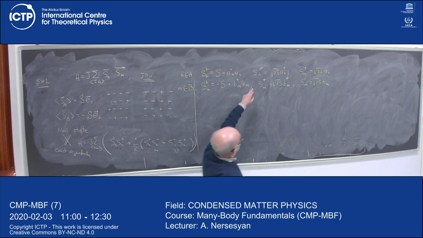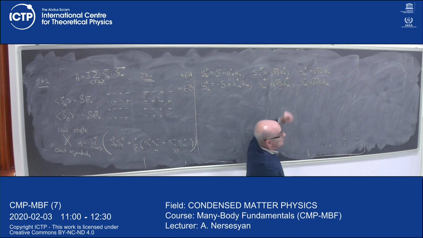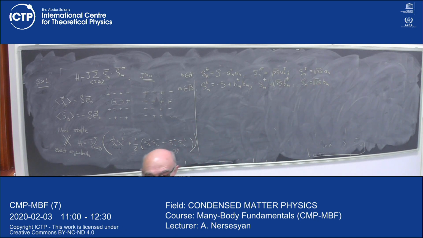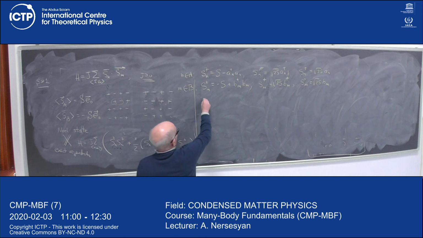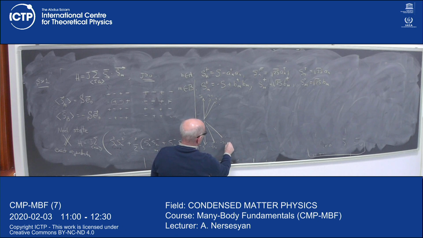These two interchange, they look different. A dagger and a, and the b's. Any questions? It's very important. Again, this is S, this is the A sublattice. You consider excitations: this is S minus 1, S minus 2, and so forth. This is minus S, this is minus S plus 1, minus S plus 2, and so forth.